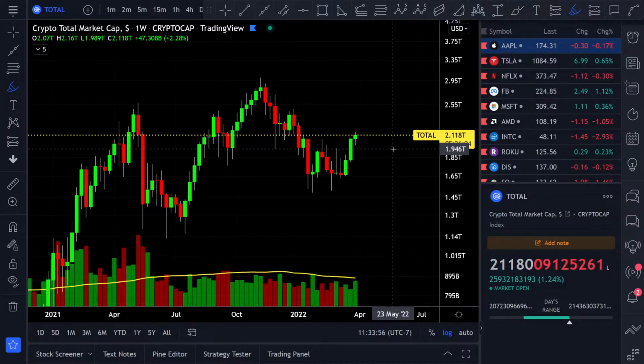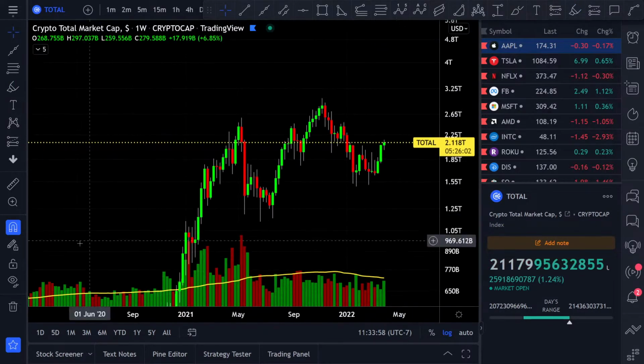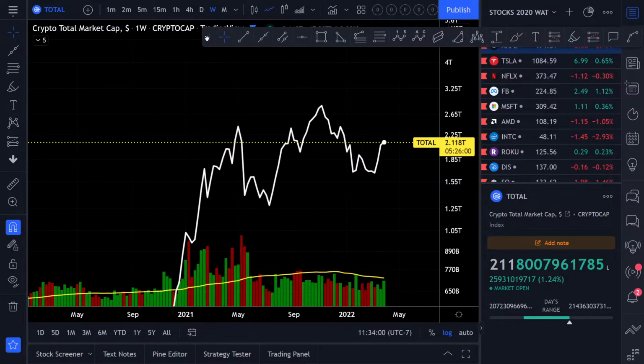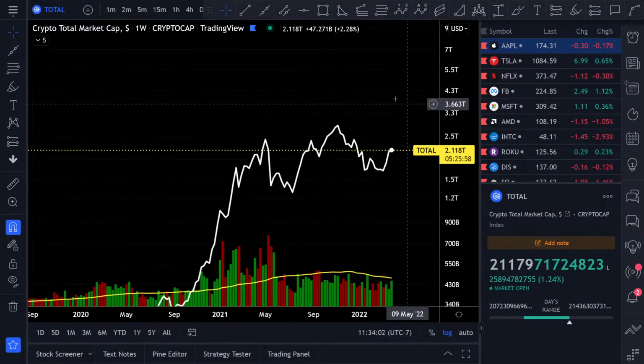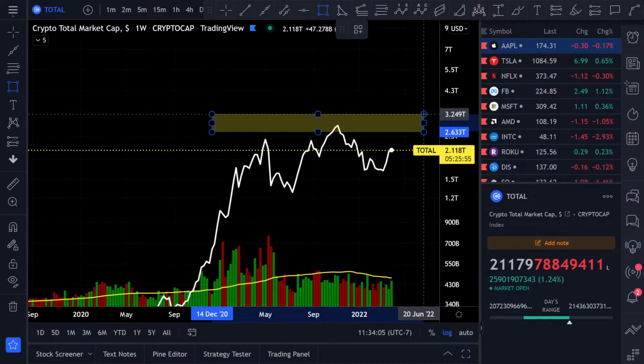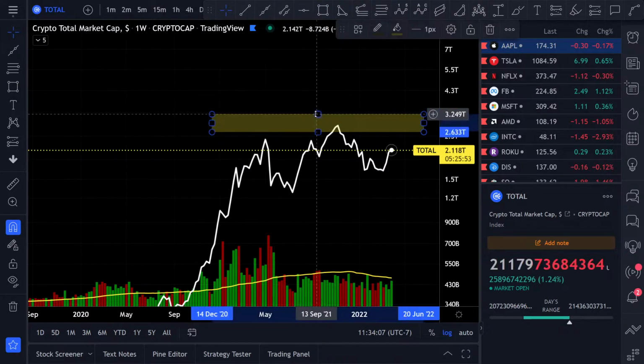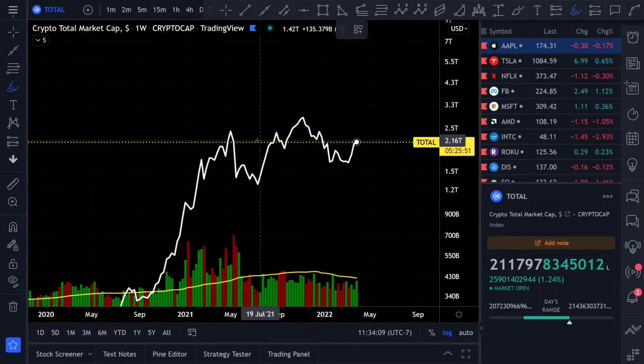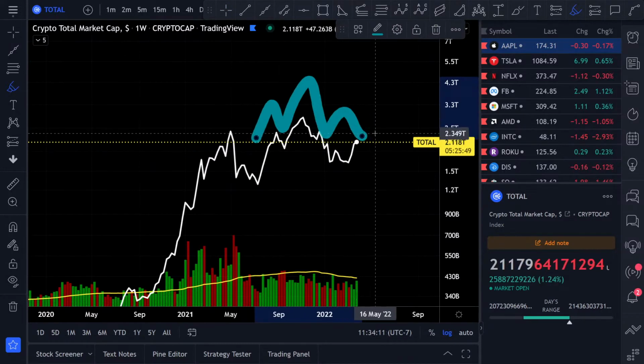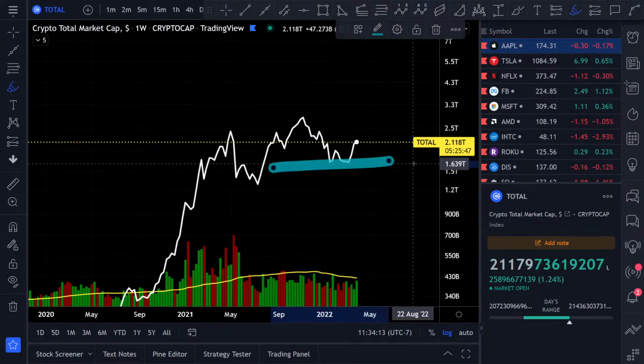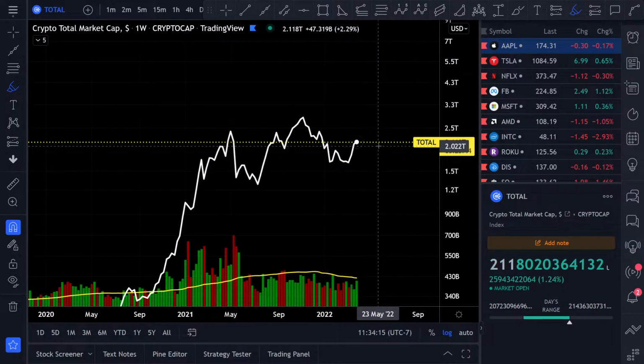But why am I not giving up on crypto is because I know our longer term time frame setup for now is, okay, if the double top is not happening and we're not going to crash down negative 80%, we found intraday medium term support here at 1.6 trillion.